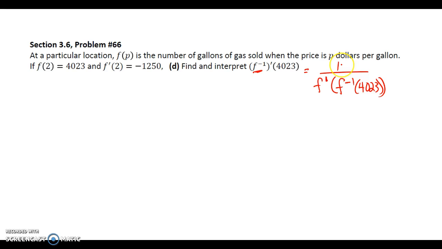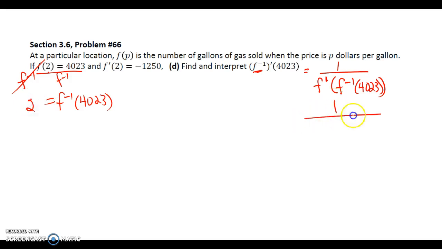Well, we have to look at the original function now. If f of 2 equals 4023, and I take the inverse function of both sides, those cancel out, I find out that the inverse function at 4023 equals 2, doesn't it?